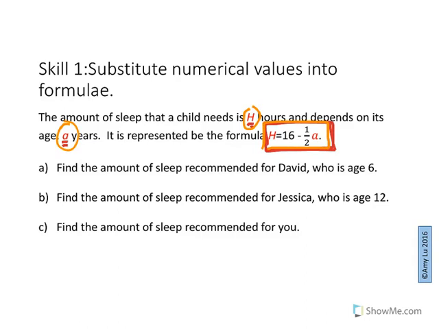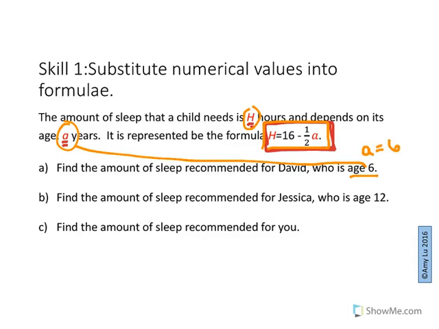So, for example, in A, we want to find out the amount of sleep recommended for David, who is age 6. Now, as we saw up here, age is represented by the letter A. So in this case, the little a is equal to 6.